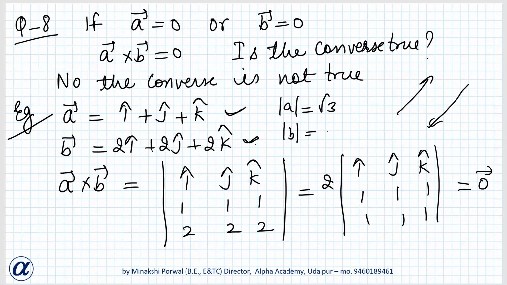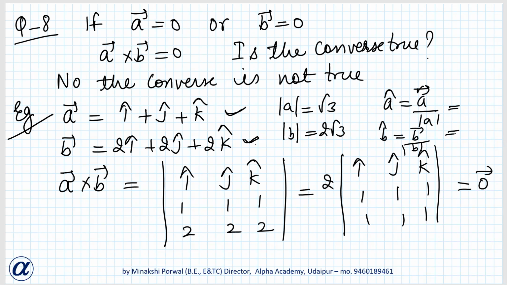Mod of B is equal to 2 root 3. And when you find the unit vector corresponding to A, that is A upon mod of A, and B cap, that is B upon mod of B, both will come the same, 1 upon root 3, 1 upon root 3. So that means both are collinear vectors.